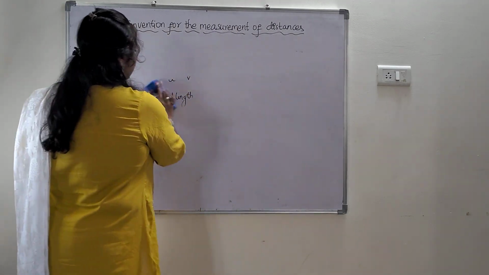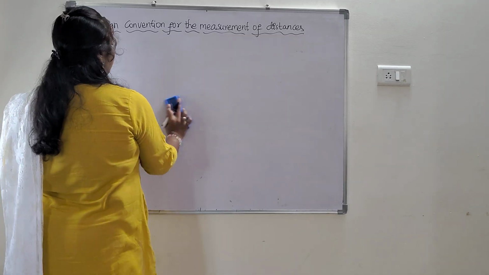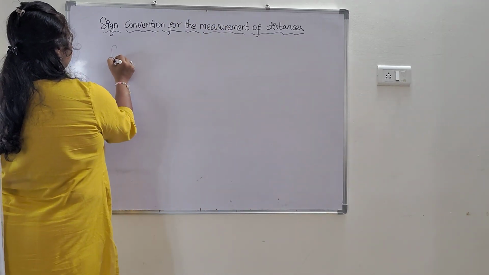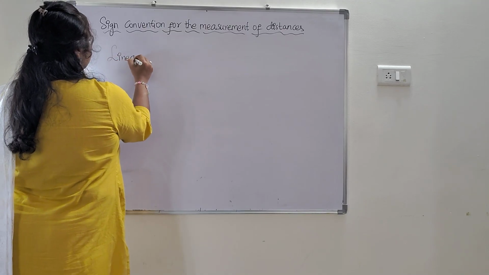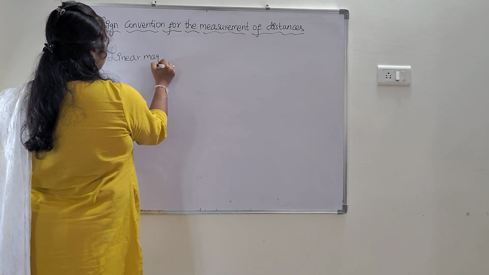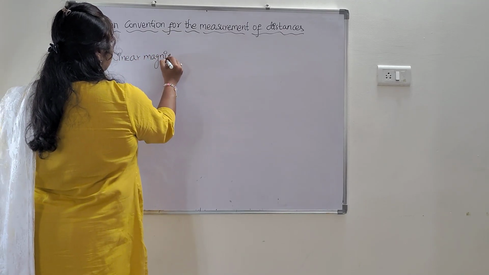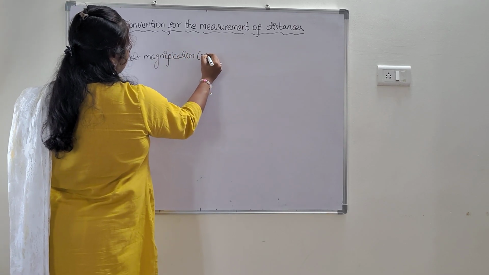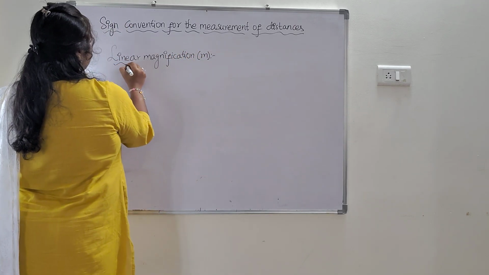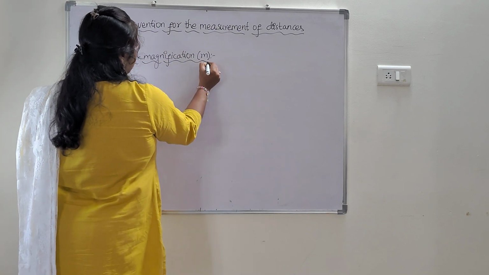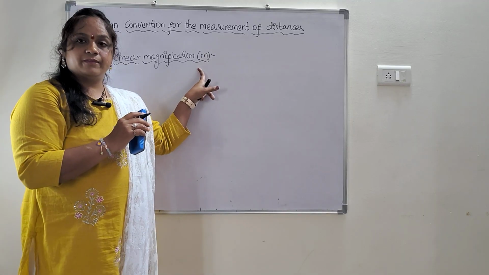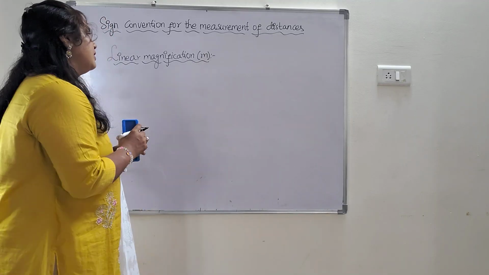Next, a small topic is there. This is also very, very important. That is linear magnification. Linear magnification is represented with a small m. What is linear magnification?